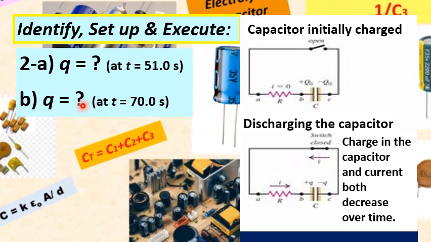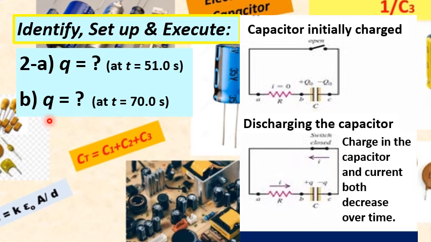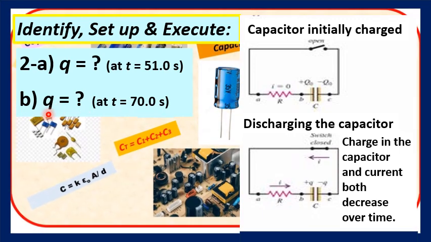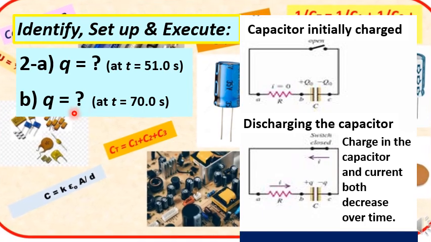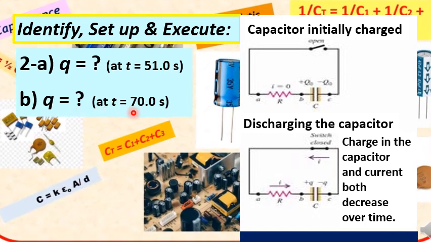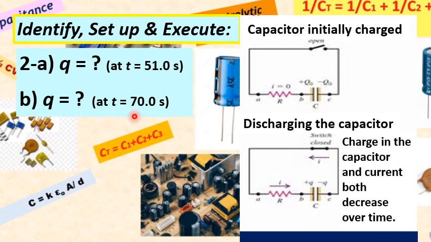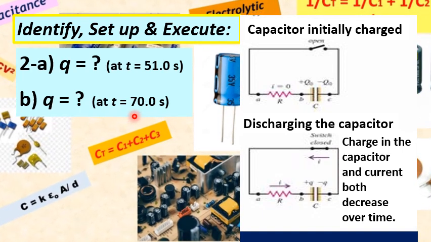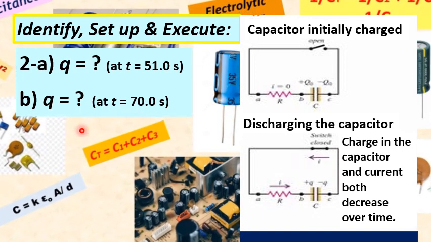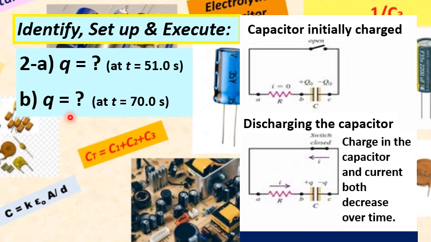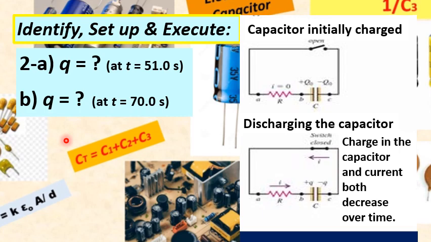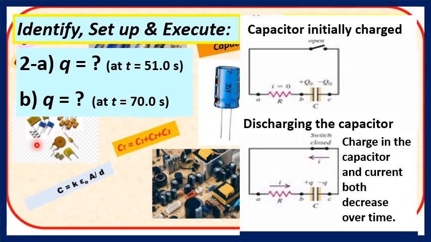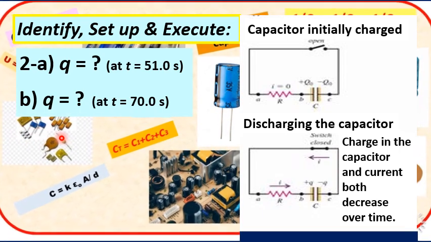And the other target variable is the charge small q on the capacitor 70.0 seconds after you close the switch in the second circuit. So, in other words, during the discharging process, we want to find the charge that is left on the capacitor at time equals 70.0 seconds.